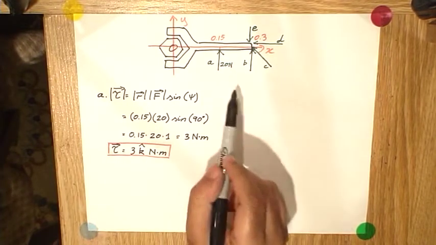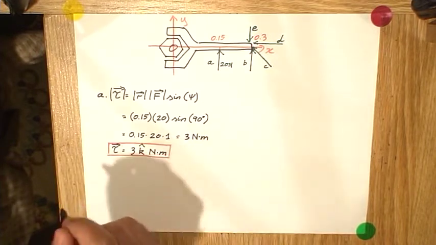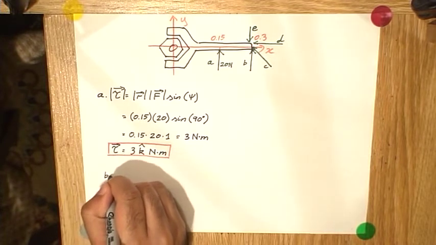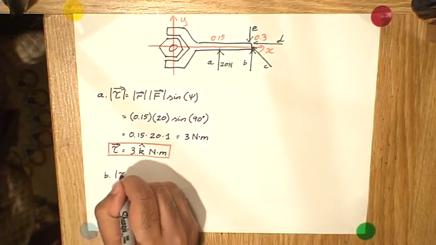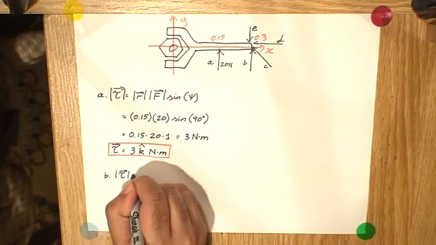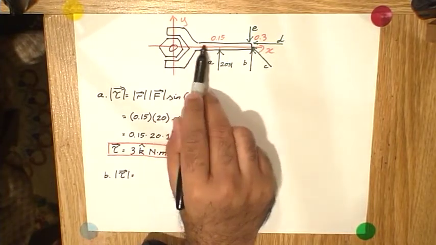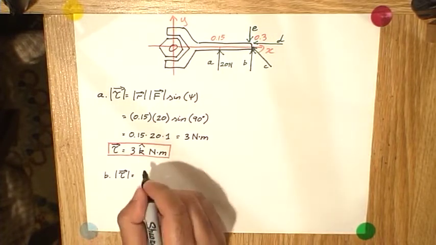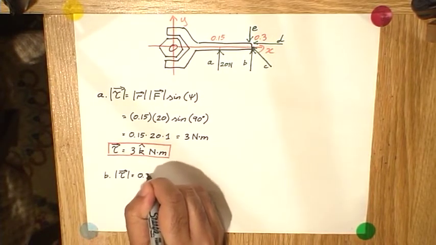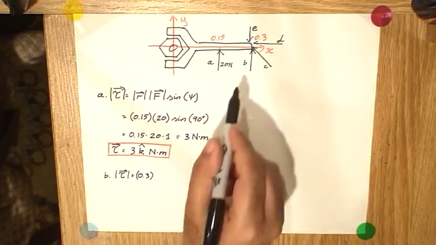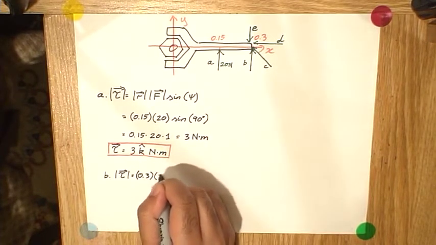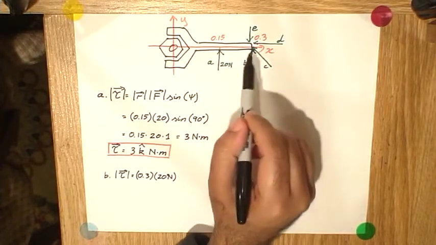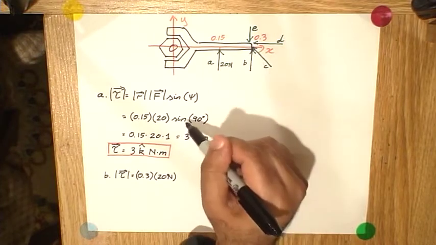Now, let us try it for the remaining ones over here. For part B, the size of the torque is going to be given by lever arm is now 0.3 because the force is being applied 0.3 meters away from the center of rotation, times the force is still 20 newtons, and the angle at which it is being applied is still 90 degrees.